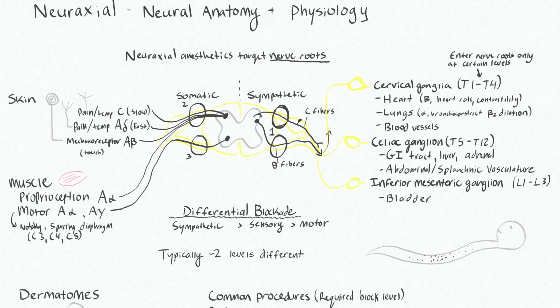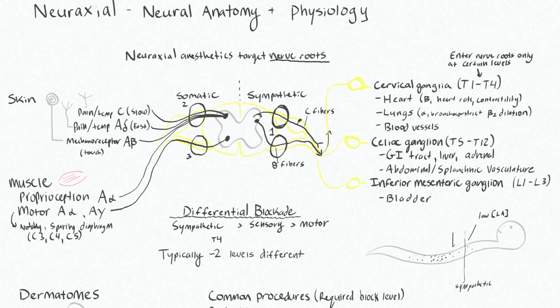So since the sympathetic nervous system is the most sensitive, perhaps this low concentration of local anesthetic that spreads up to this height will be sufficient to cause a sympathetic block. So you may have a sympathetic block at nerve root level T4.